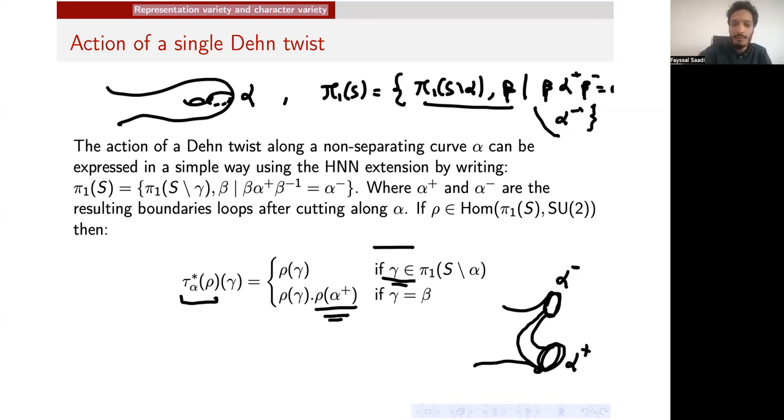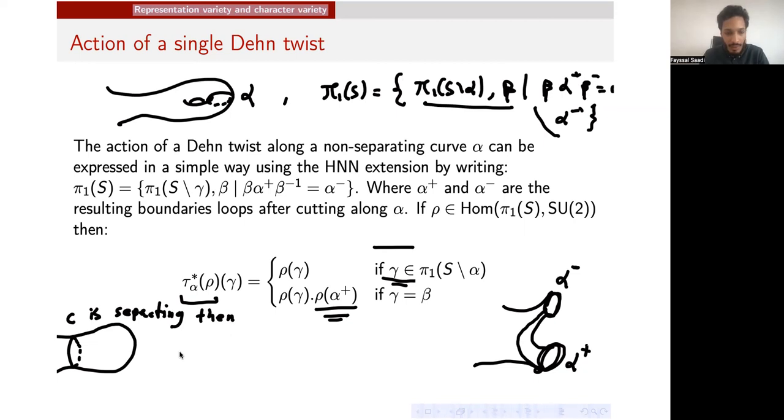We can do the same thing in the case where the curve is separating. Let's say C is separating. Then you write the pi1 of S as an amalgamated product of the pi1 of sigma 1 and sigma 2, where sigma 1 and sigma 2 are the two surfaces after cutting. So this is sigma 1, and let's say this is sigma 2.